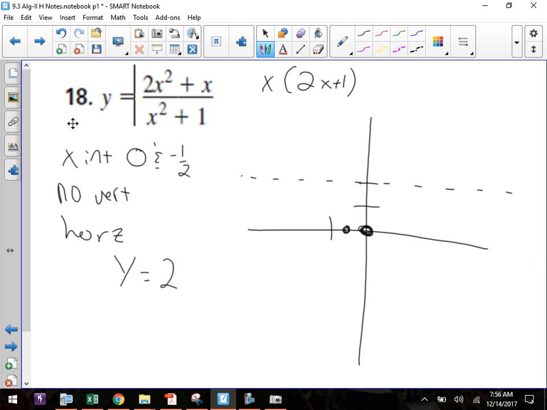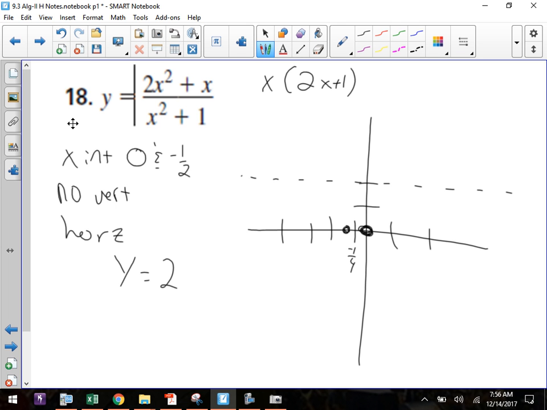What I would want to do is pick a couple numbers this way, and a couple numbers this way, and maybe use -1/4, so I can see if it's going down or going up between them. See where I'm going with that? So I'm just going to pick points then. I'm going to blend this with what we did Tuesday into what you did yesterday so you can get more practice.